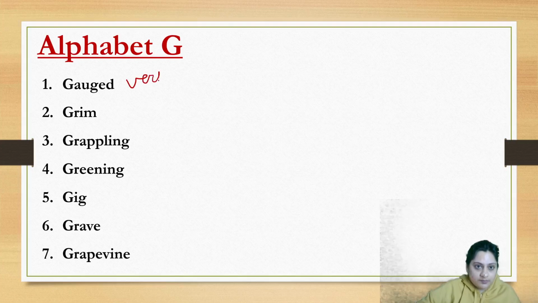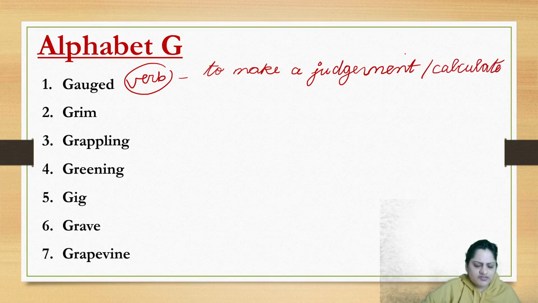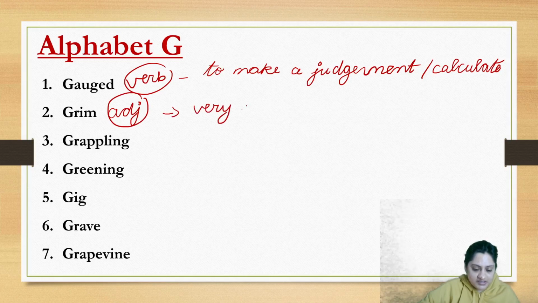Gauge is a verb when you estimate something, okay, to make a judgment, calculate, guess, estimate, okay. So difficult to gauge the mood of the audience, difficult to understand the mood of the audience. Grim is an adjective which is a very serious thing.